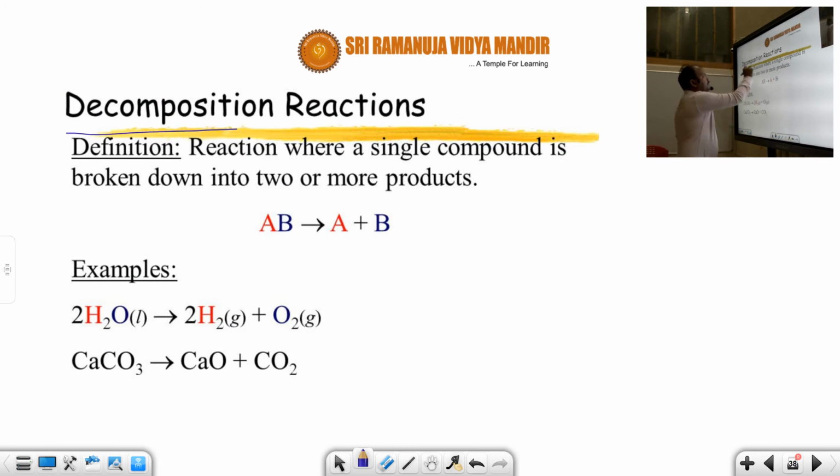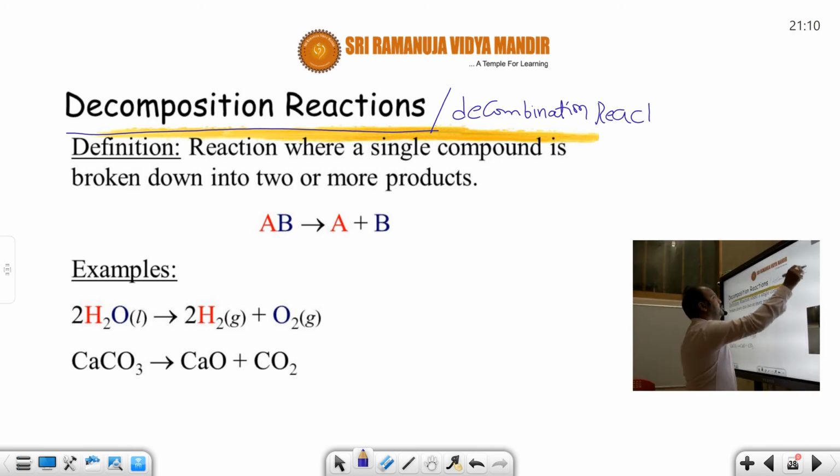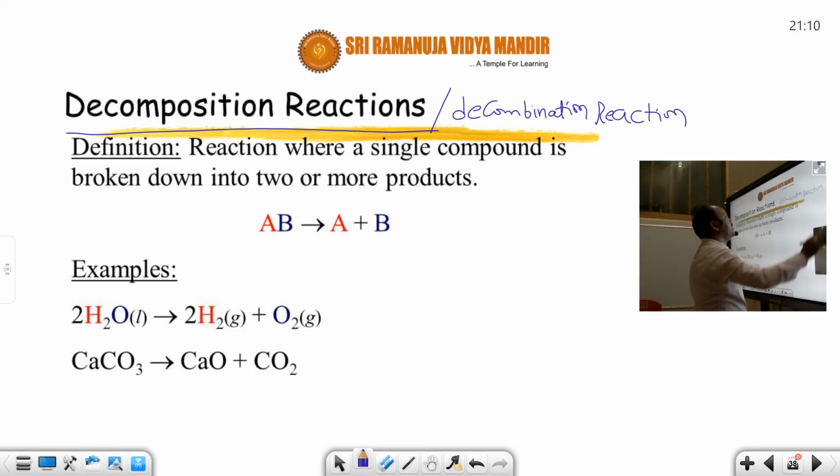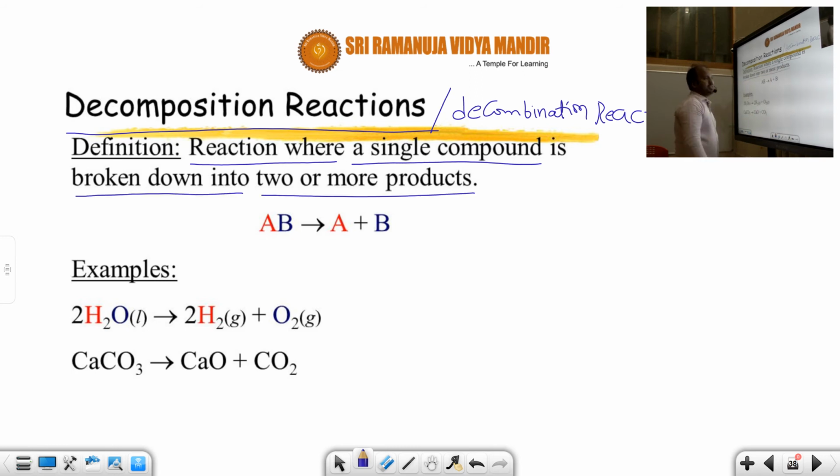After that, decomposition reaction, this is also called decombination reaction. What is a decomposition reaction? The reaction where a single compound is broken down into two or more products.